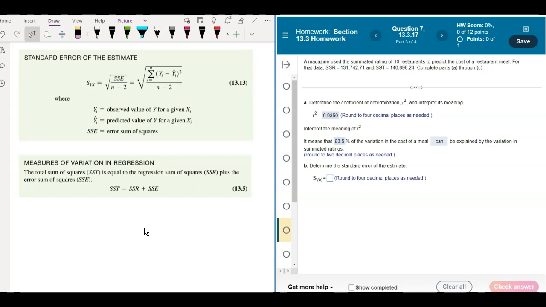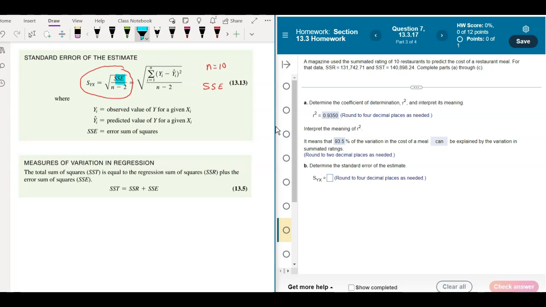So we need this formula over here, the SYX equals the square root of the sum square error divided by n minus 2. So we know the n is going to be 10, so n minus 2 is going to be 8. However, we don't know the sum square error. It's not given to us directly, at least, right? So we need to figure this out.